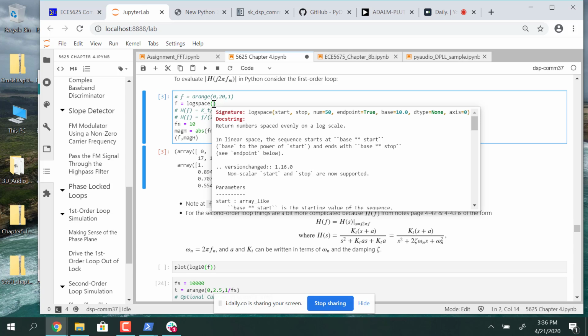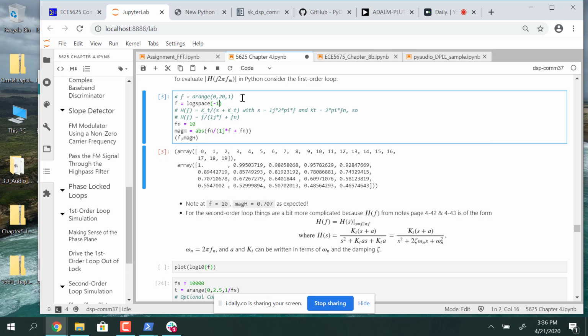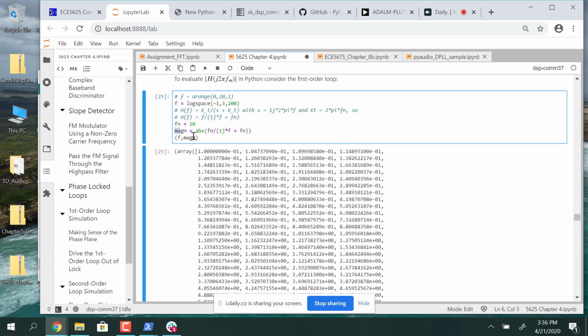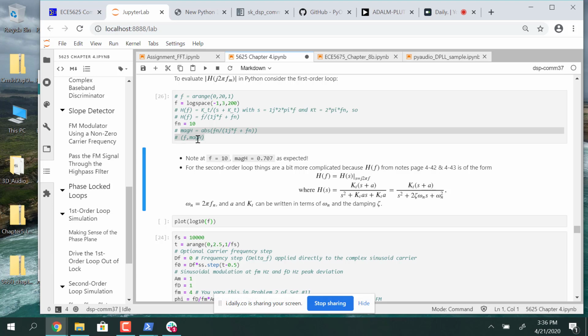So let's make this be -1, and we want to go up to 3, and then let's put 200 points per decade. So this will give us the log spacing that we're looking for right from the get-go. That's going to give me a big, huge, honking data table, so I'm going to temporarily comment that out so I don't have to look at the data.